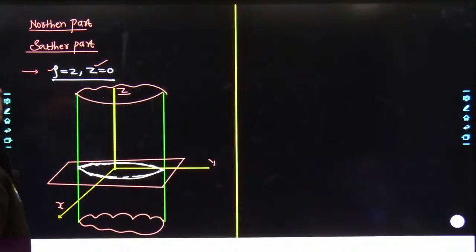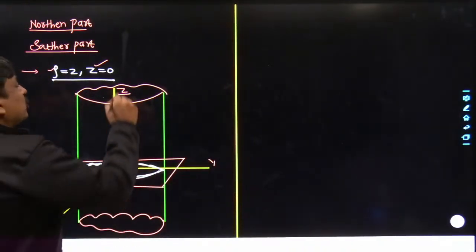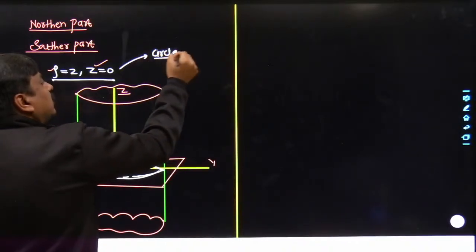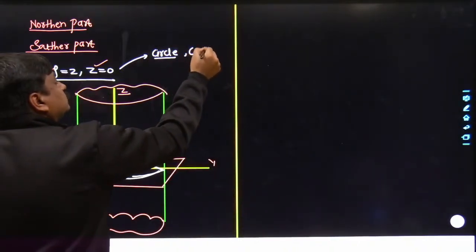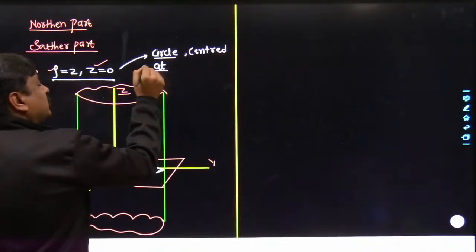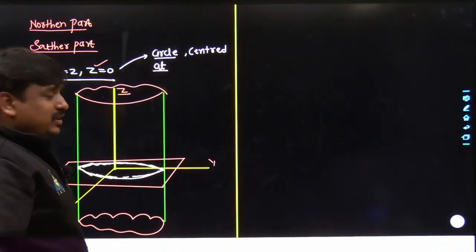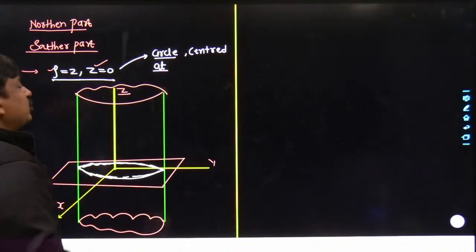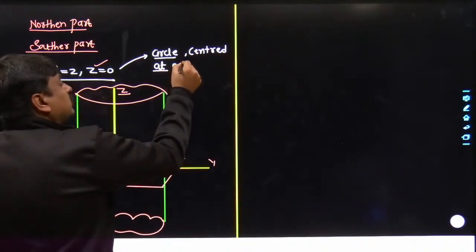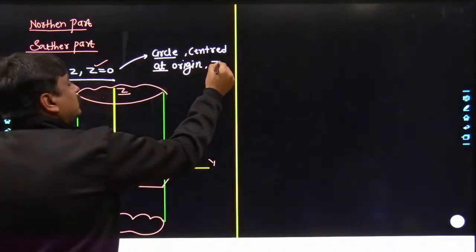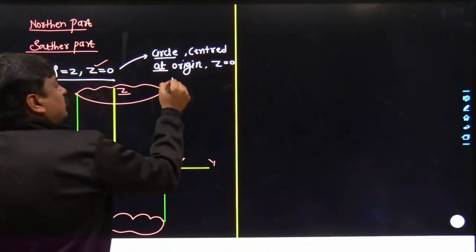So if I say rho is equal to 2, z is equal to 0, it's going to be a circle centered at, my dear friends, whenever we discuss this circle, I do not say centered at the z axis because precisely I can say it has been centered at the origin for better clarity, and yes, placed at the z is equal to 0 plane.